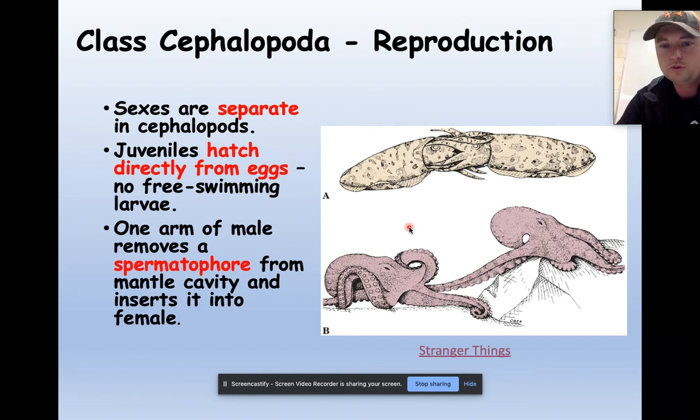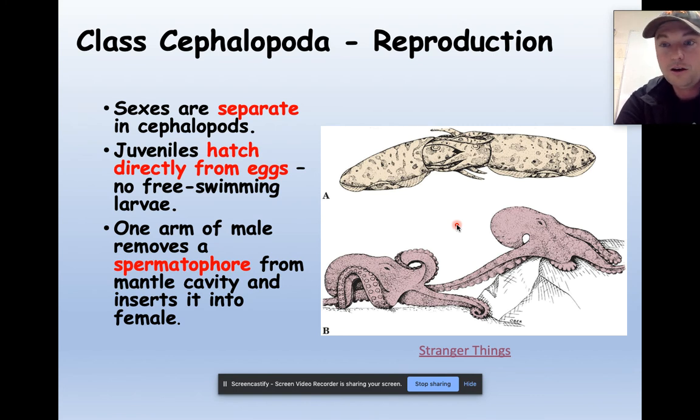What this male will do is he will basically reach inside himself, which in itself is weird, and grab a spermatophore, which is essentially like a little bitty egg sac, if you will. Not really an egg, obviously, because it's a male, but essentially a sac of sperm. Then he will inject this, or basically stick this into the female's genital cavity.